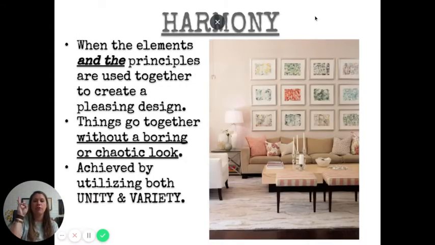All right, our third principle of design for today is harmony. Harmony is made up of two pieces, unity and variety. There's like two types of harmony, but when you have both together, you get harmony in a way. So when the elements and the principles of design are used together to create a pleasing design, you have harmony.